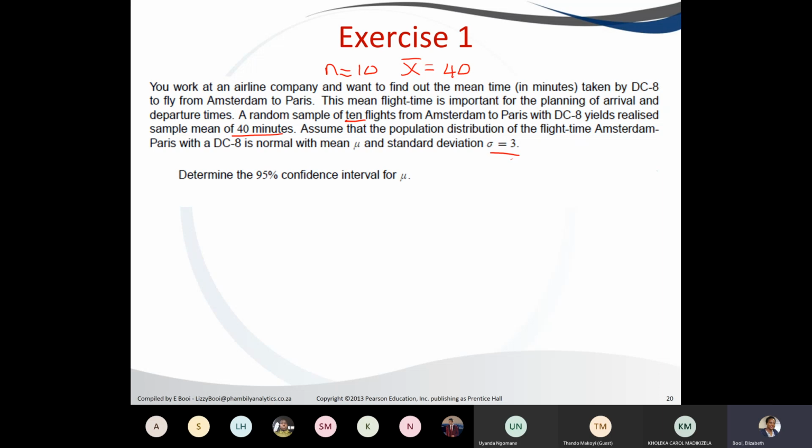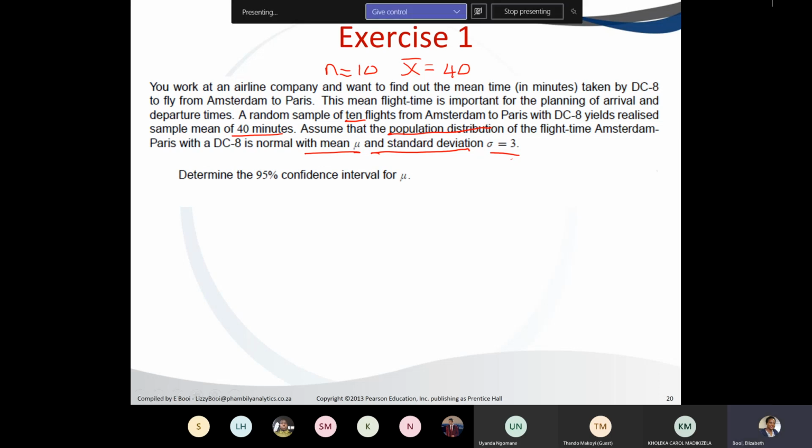Here they didn't mention population, but lucky enough, they put the sigma there so that you don't get lost. The minute they put the sigma there, it means it's the population standard deviation. Even if they didn't mention that, we know that it comes from the population distribution.